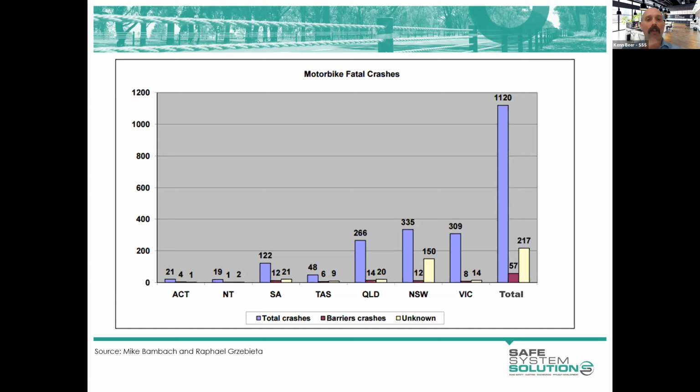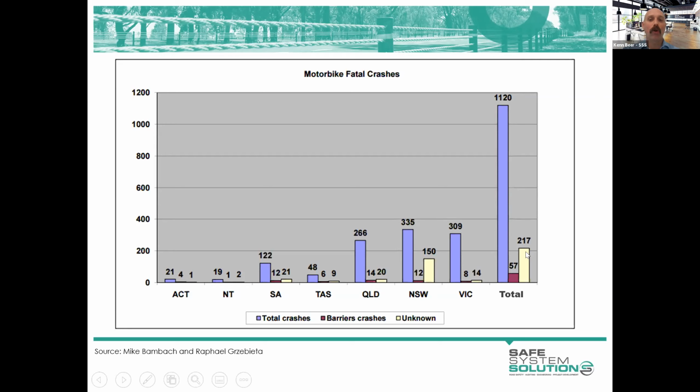And I think this first one is a very overview sort of thing. But we see here the crashes in this particular study over a period of time, the total crashes and fatalities, and then this is for motorcycle crashes, and we see barrier crashes only representing a tiny proportion of those.